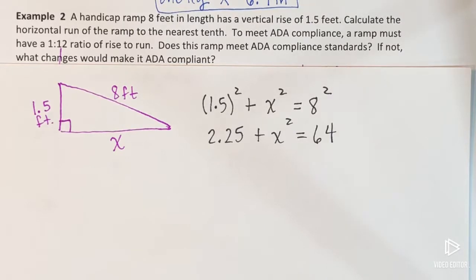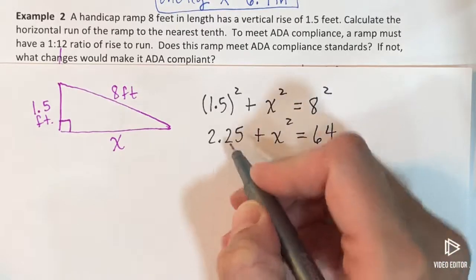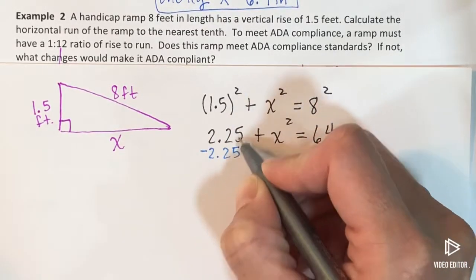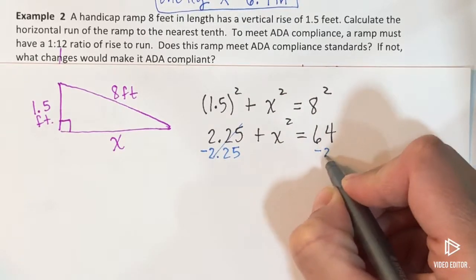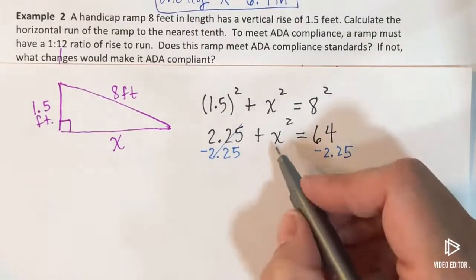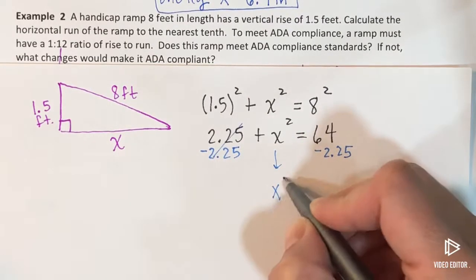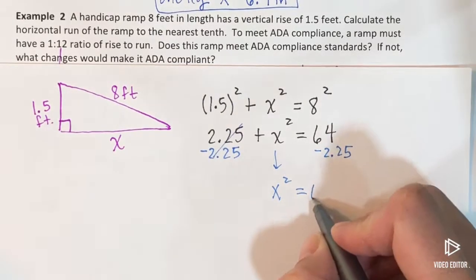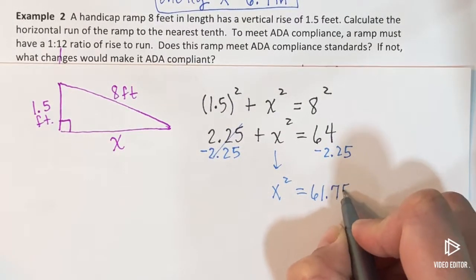So if I'm going to get x squared on the left, I have this 2.25 with it that I don't want, so I'm going to subtract it because it's positive. If I do it on the left, I do it on the right. Okay, so my x squared comes down, and 64 minus 2.25 is 61.75.